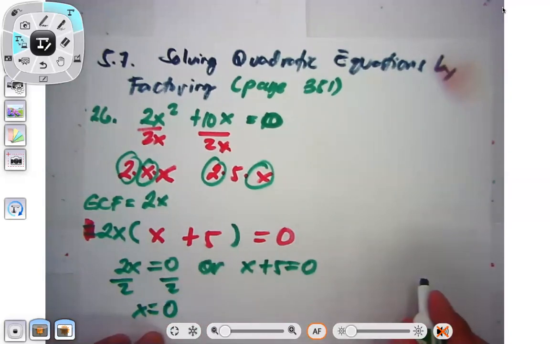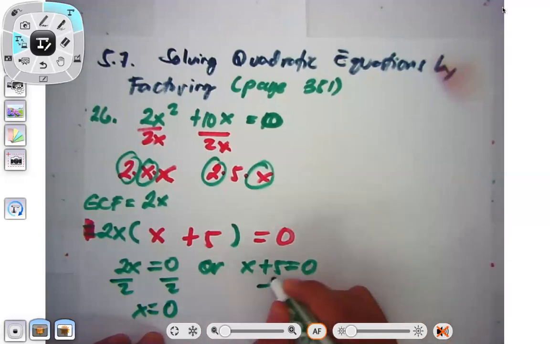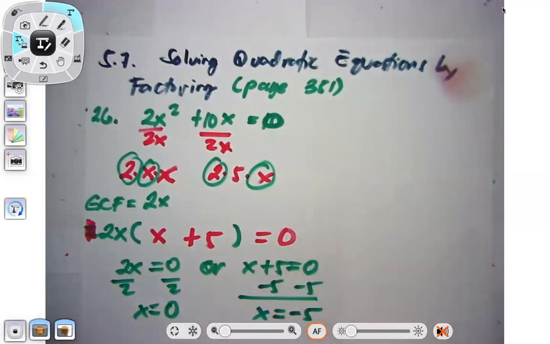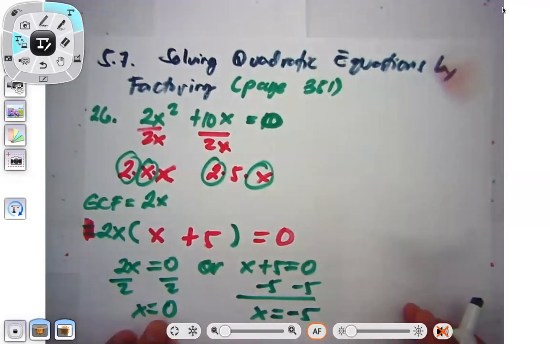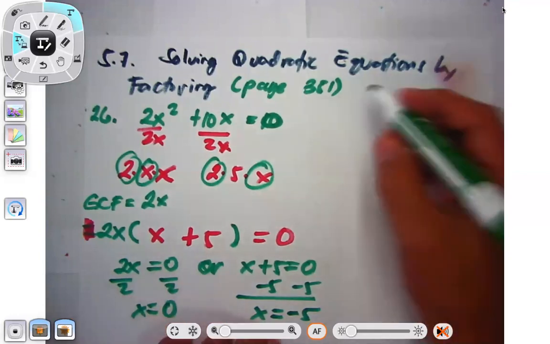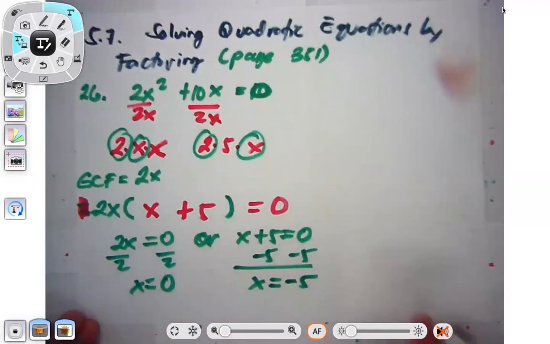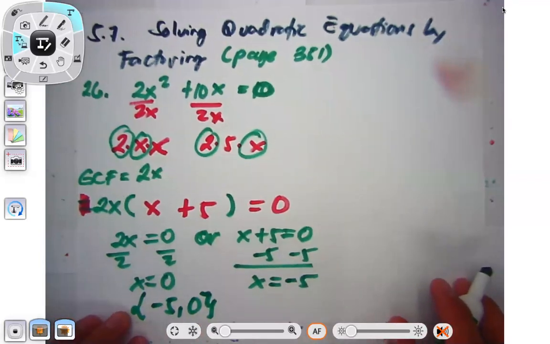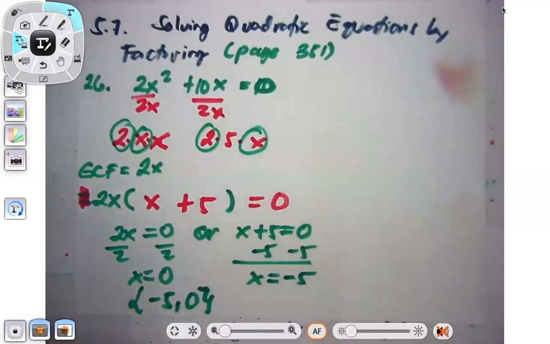And the second equation, x plus 5 equals 0, subtract 5 from both sides, so x is equal to -5. So we have these two values for x, 0 and -5. This would be your solution set. -5, 0 are the solutions for this equation, 2x squared plus 10x equals 0.